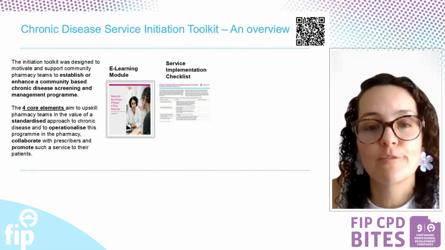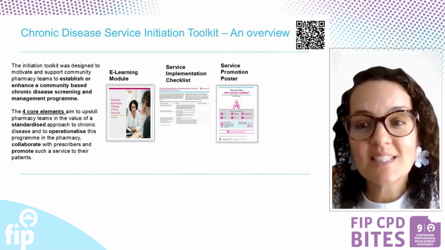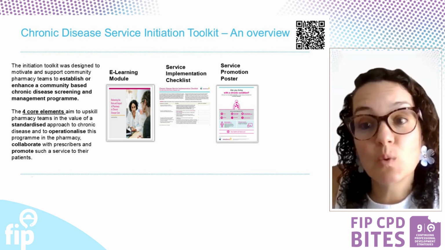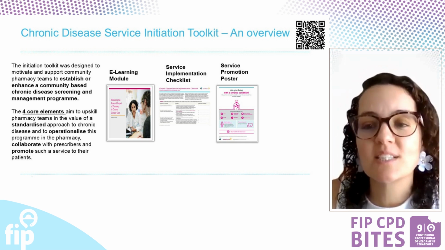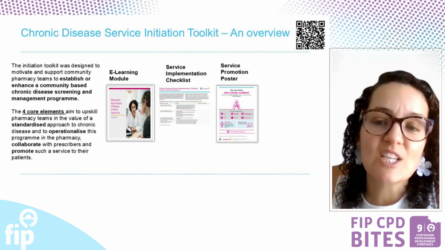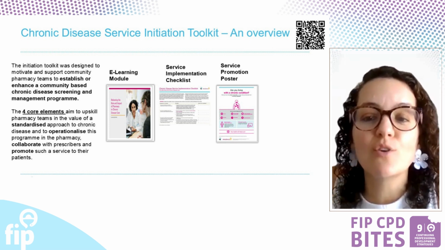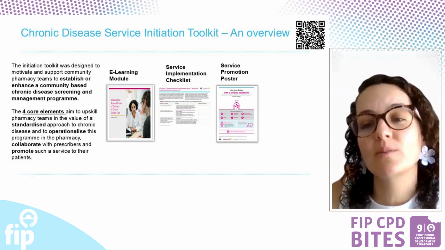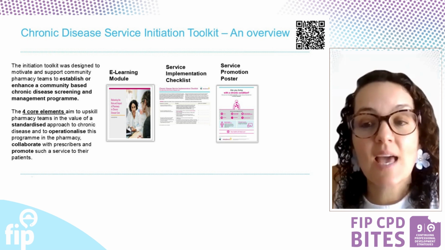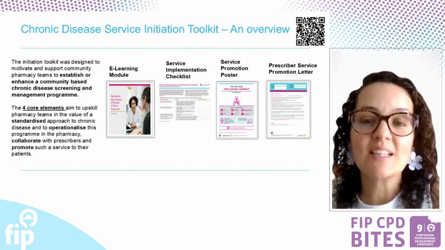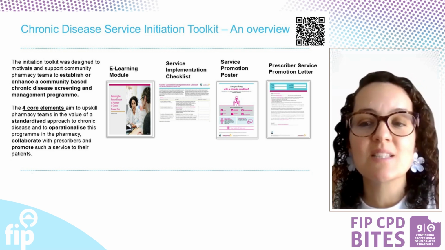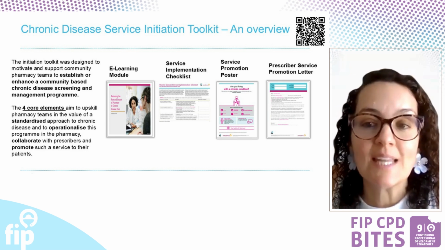The third element, the Chronic Disease Services Promotion poster, is a print-on-demand poster that informs patients to initiate a conversation with the pharmacist or pharmacy team member about their chronic disease risk and or current chronic diseases. And finally, we have the Chronic Disease Prescriber Services Promotion Letter.